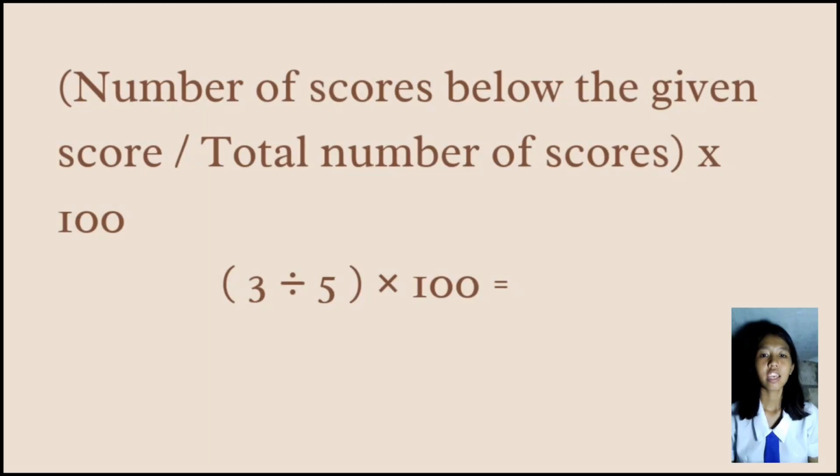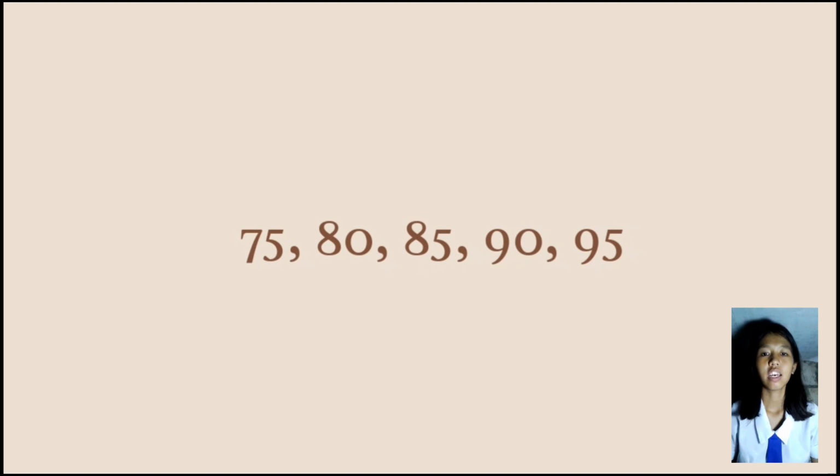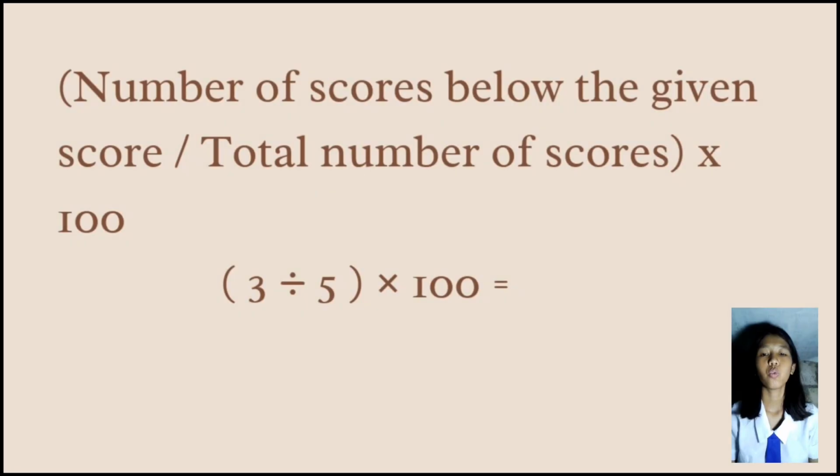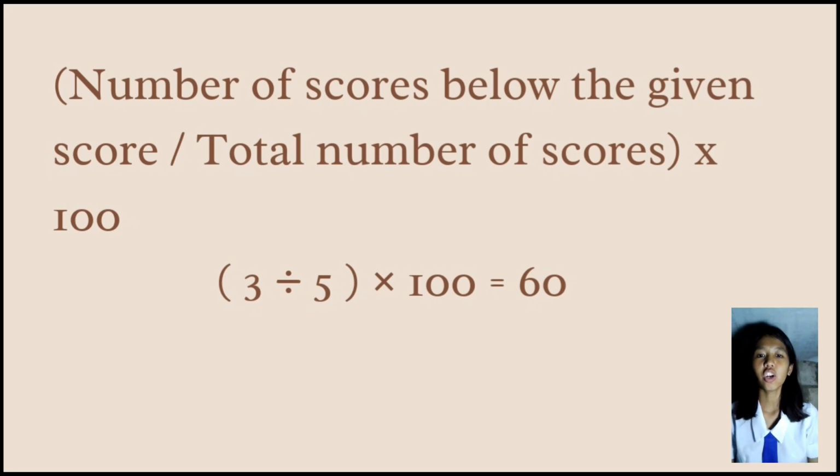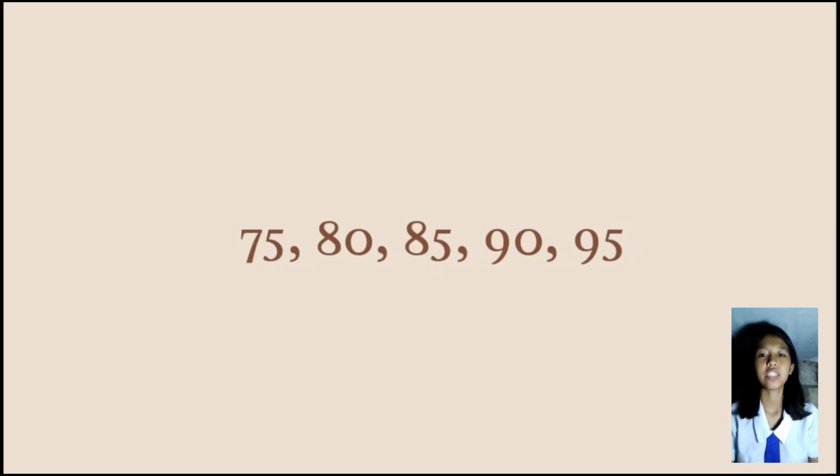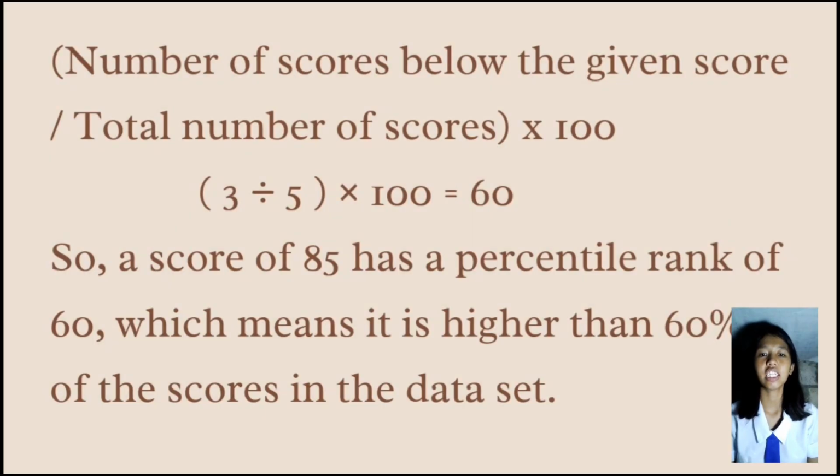So 3 is our number of scores below the given score, divided by 5, which is the total number of scores, times 100. So we will get 60. So a score of 85 has a percentile rank of 60, which means it's higher than 60% of the scores in the data set. So, that is percentile rank.